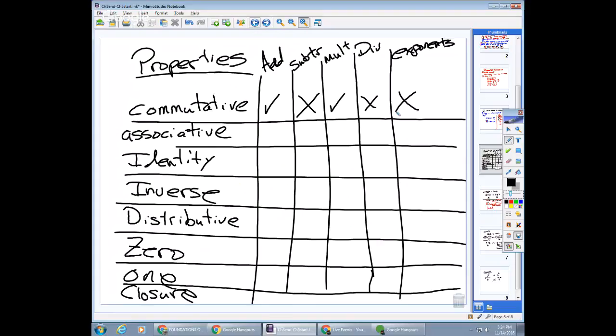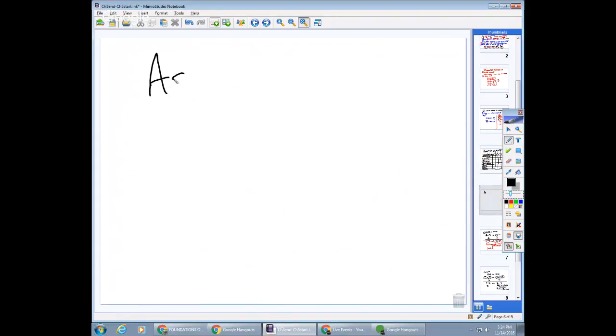So associate means to go talk to somebody, to be with somebody. So it's different than commutative, although I did have to walk around and talk to you. You associate with things that are near you. So if we associate two things, they have to associate, they're stuck together.